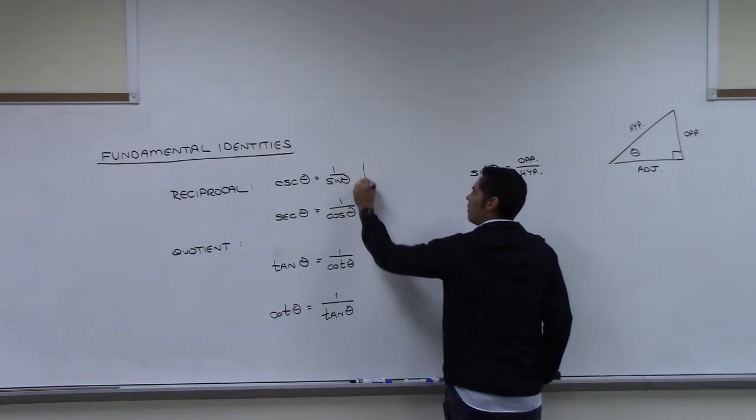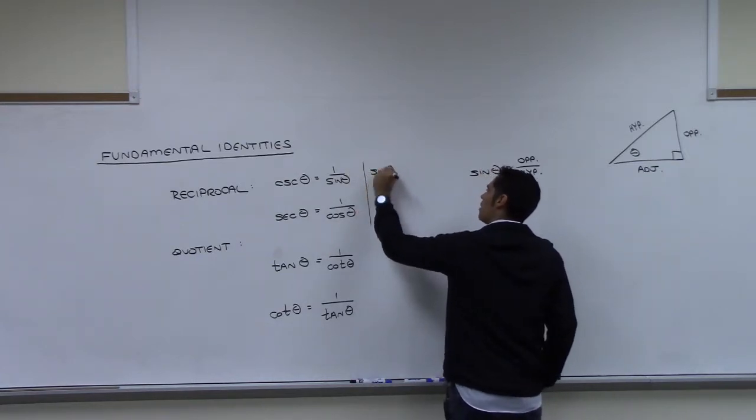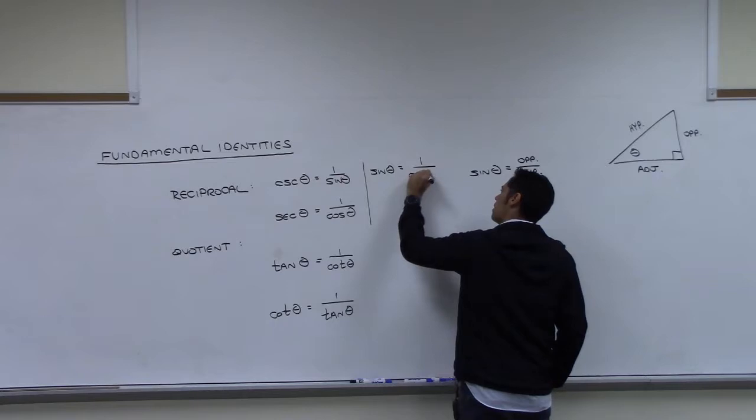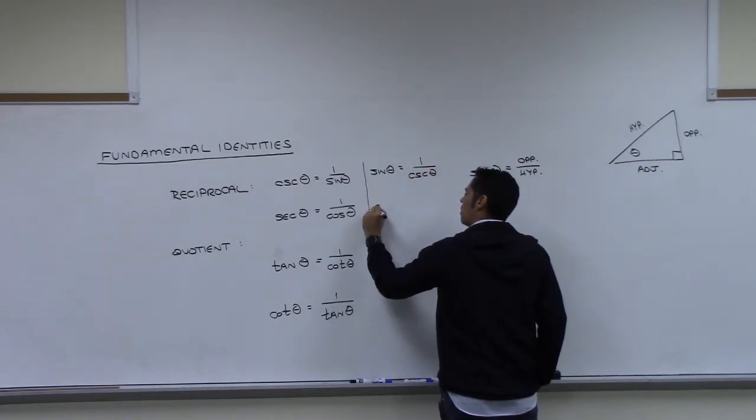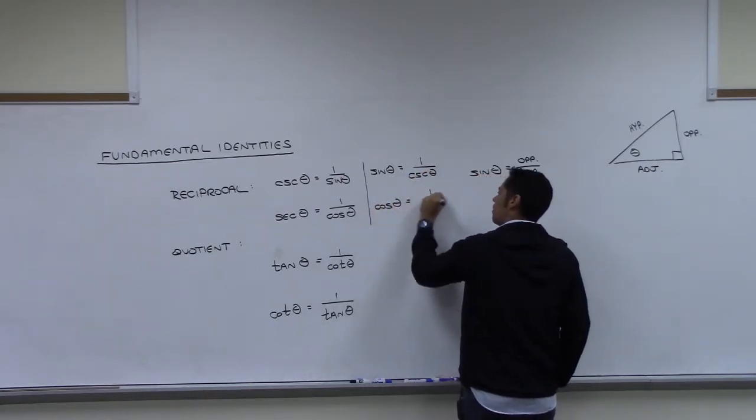I'll go ahead and write up here back at the reciprocal. I'll write those other ones. Sine theta is 1 over cosecant. And I'll put that cosine theta is 1 over secant.